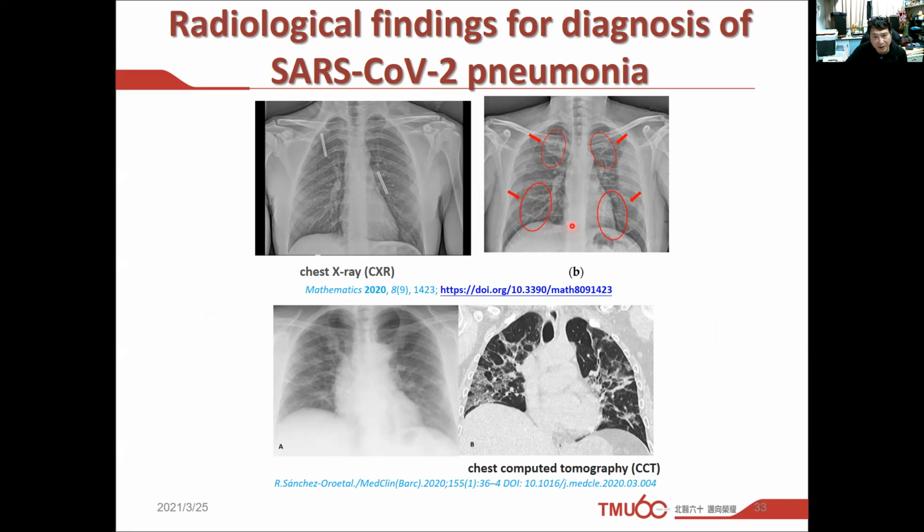But in figure B, you can see a lot of white spots on the lung. We call them bilateral opacities, okay, in this lung tissue, in the pulmonary tissue. And you can also use chest computed tomography, CT, to give more detailed information for diagnosis.